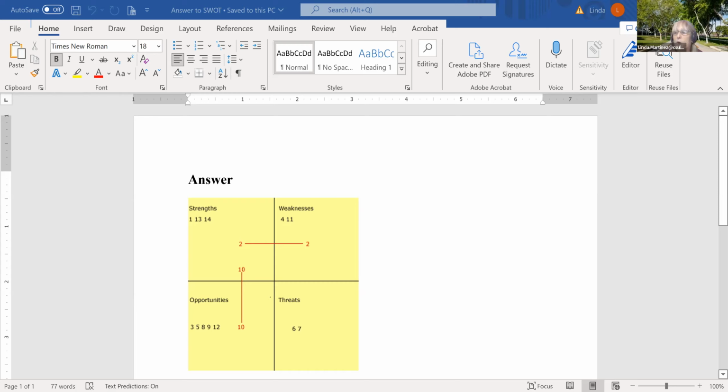So I could see why you might think that was definitely a strength. I'm not sure why they would put that as a threat in this situation. I just don't know. I don't even understand that. Can anybody rationalize that in the class? Why you think 7 would be a threat?